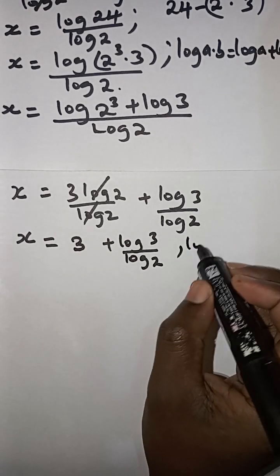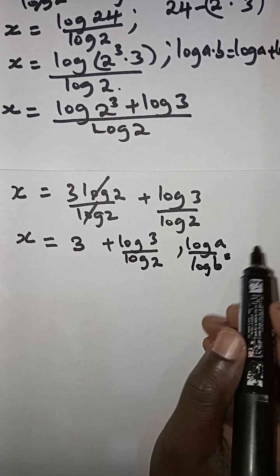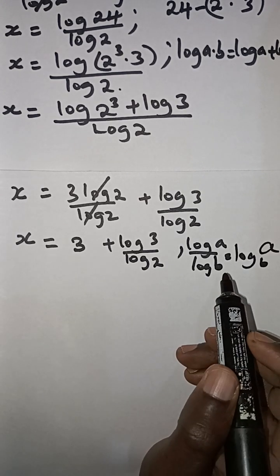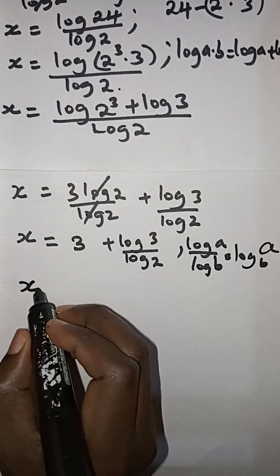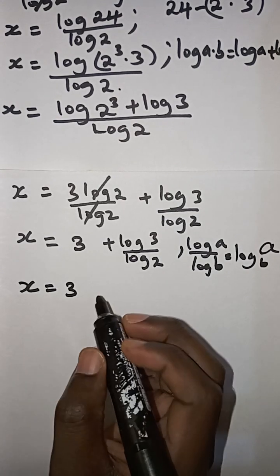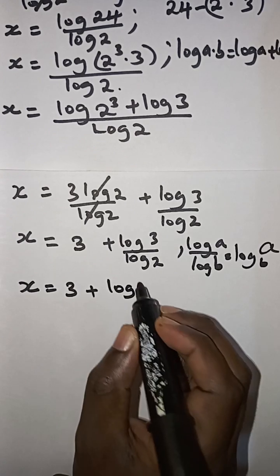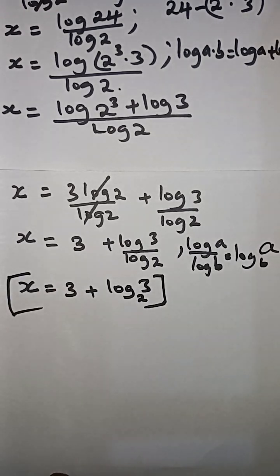Also recall that wherever you have the log of a divided by the log of b, then this can be written as the log of a to the base of b. So applying that here, my final equation now changes to x is equal to 3 plus the log of 3 to the base of 2, which was the required value of x in that case.